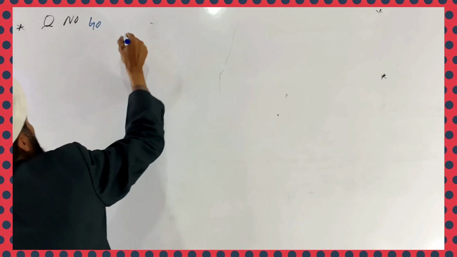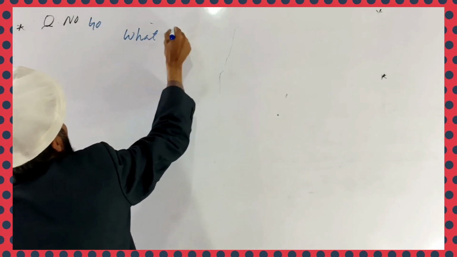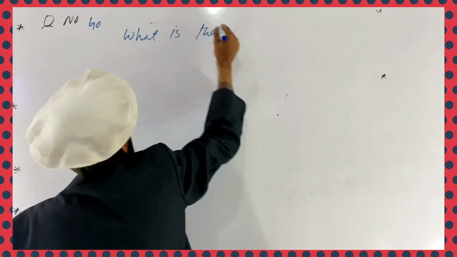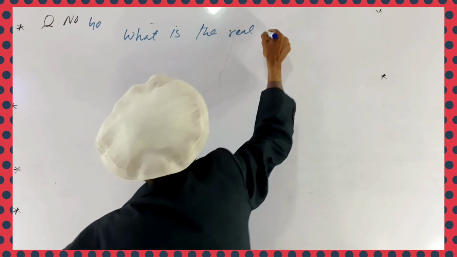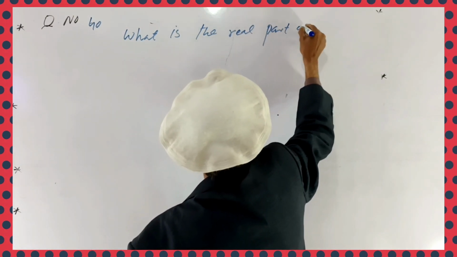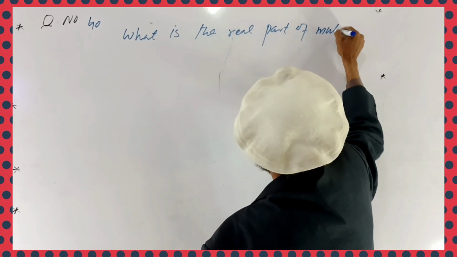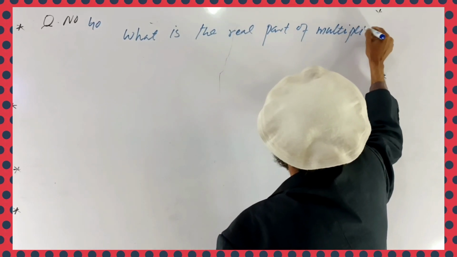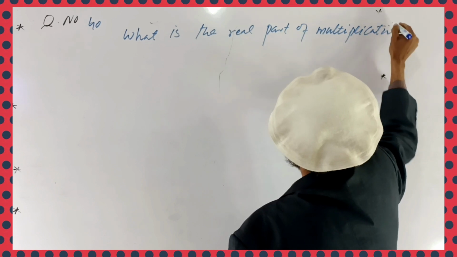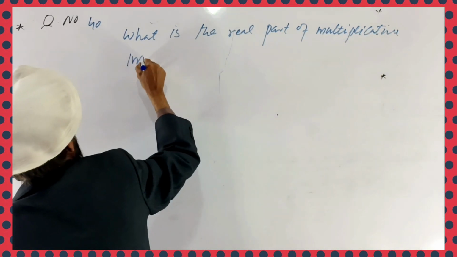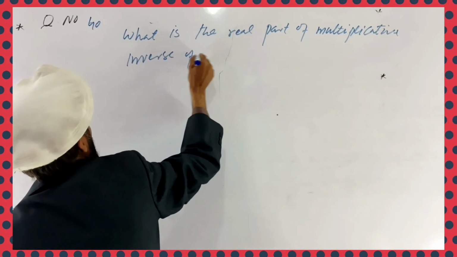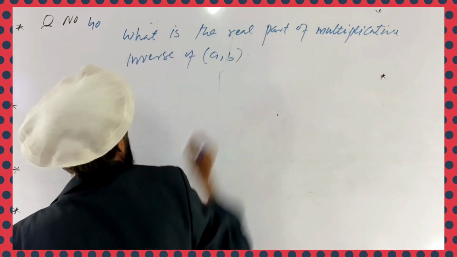The last question, what is the real part of the multiplicative inverse of A over B?